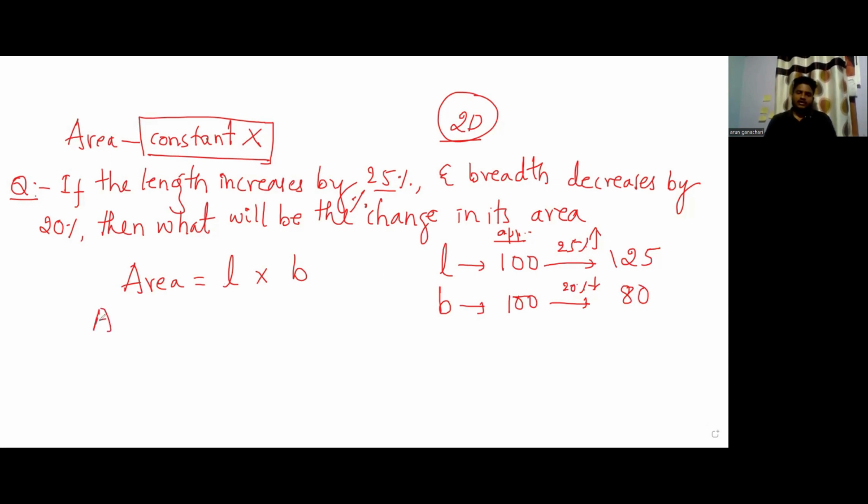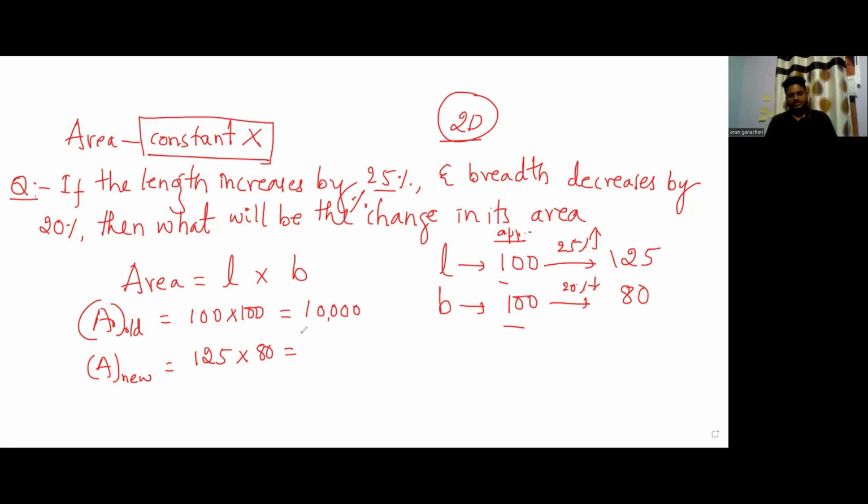We'll calculate the old area. What are the old numbers here? Old numbers are 100 and 100. So it will be 100 into 100. What is 100 into 100? 1, 2, 3, 4 zeros. 10,000. Now what is the new area? New length is 125 into 80. What is 125 into 80?